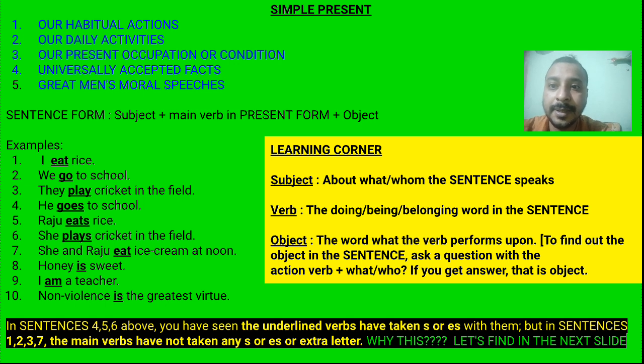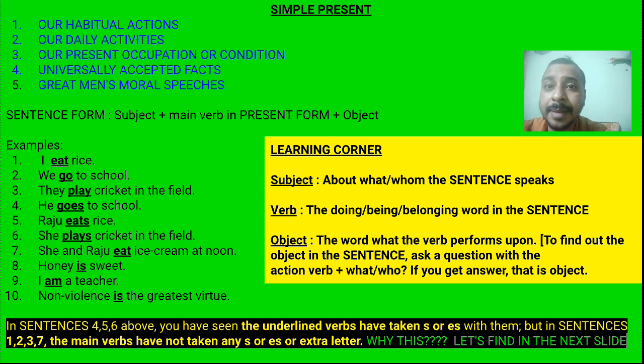Yes or no? See the learning corner. If you get the answer, that is the object. So I eat what? I eat rice. So rice is the object here. Again, I am repeating: I is the subject because I performs the action, or you can say the sentence is telling about I. Eat is the verb because it is a doing word, meaning what I do, I eat.